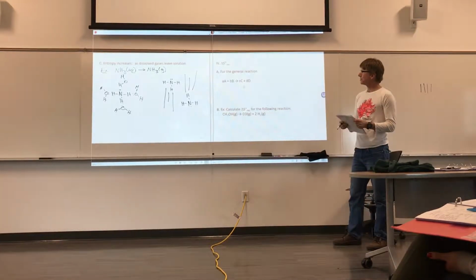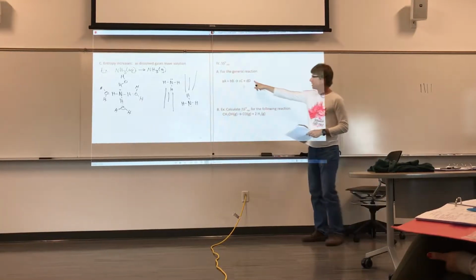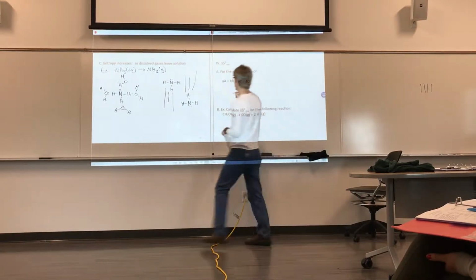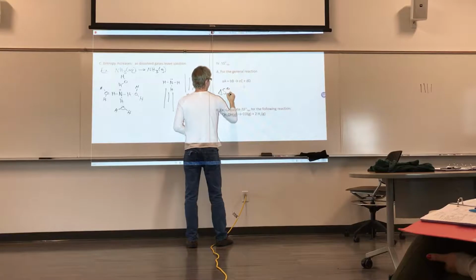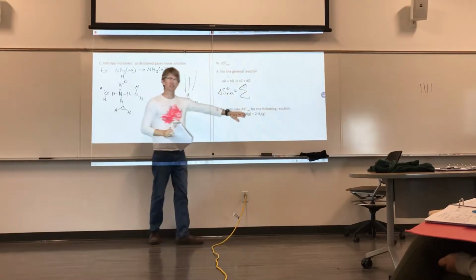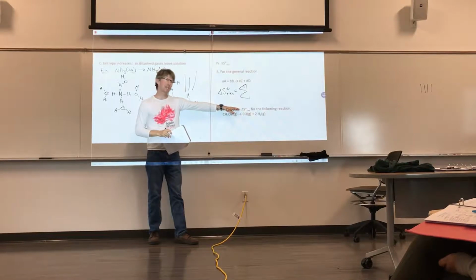All right, now I'll go over for the general reaction how to calculate delta S naught reaction. For this particular one, it's going to be just like we did for delta H last semester.